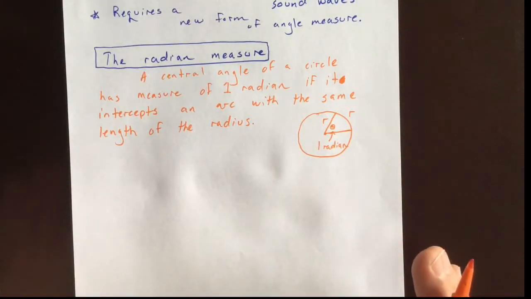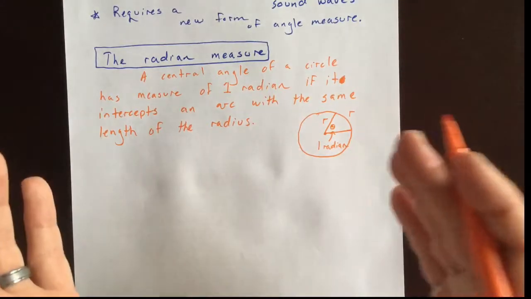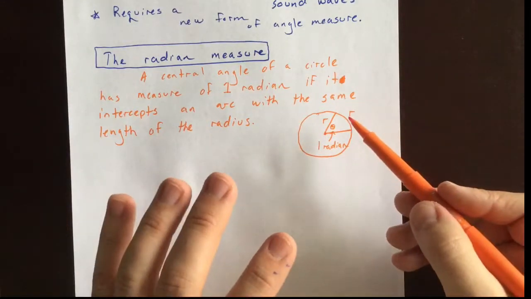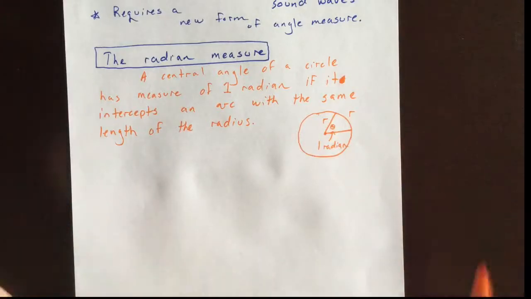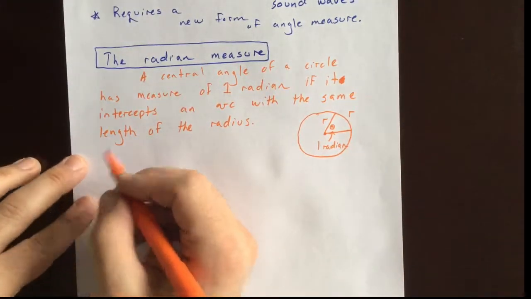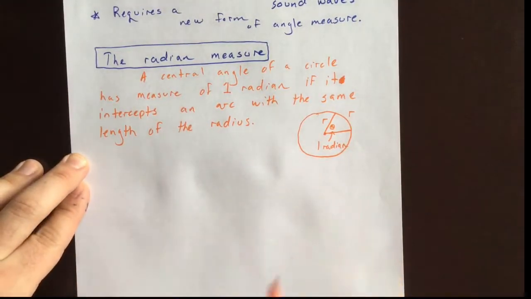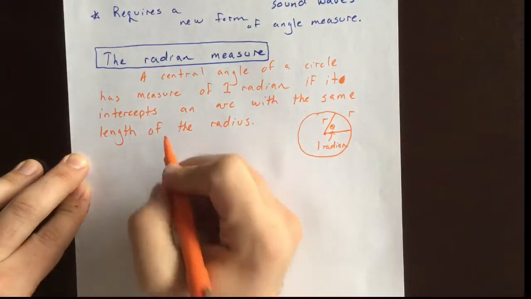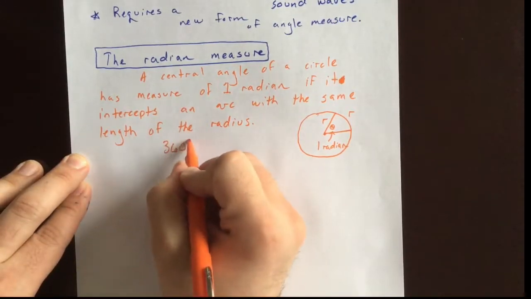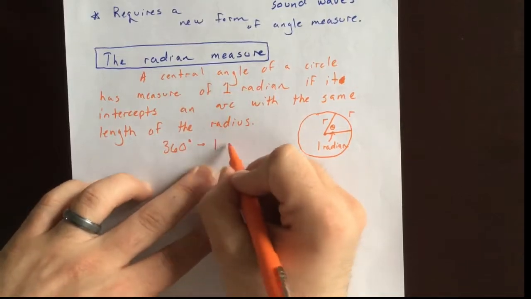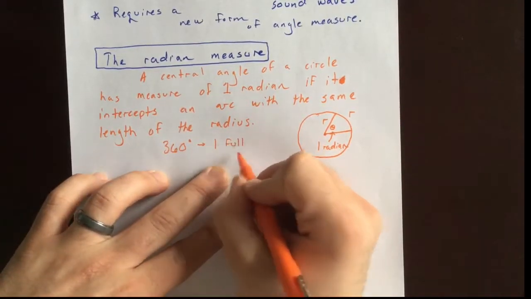All right, so a radian is an angle measure that has an arc of the same length as the radius. Okay, well, we know that there are 360 degrees in one circle, right? So we know that 360 degrees is 1 full revolution.